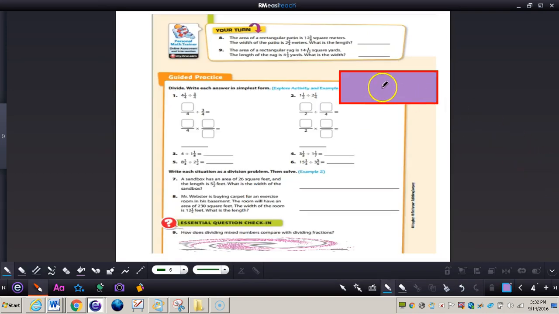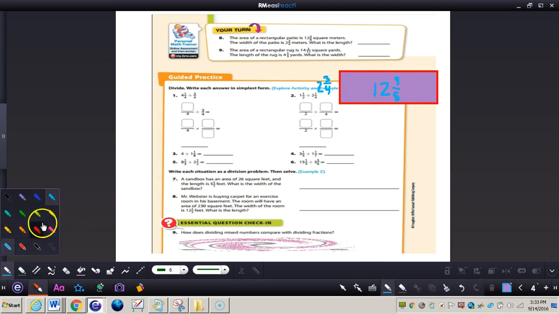Okay, let's take a look at 8, and we'll do this together. So I want you to write this in your math journal so you can make a fancy rectangle or a plain one. You don't really need to make a fancy one. You can just make a rectangle right in your Go Math journal, or your math journal. And we know that the area is 12 3/8 square meters. So the width is 2 3/4. Okay, so what we need to do is take that area and divide it by 2 3/4.